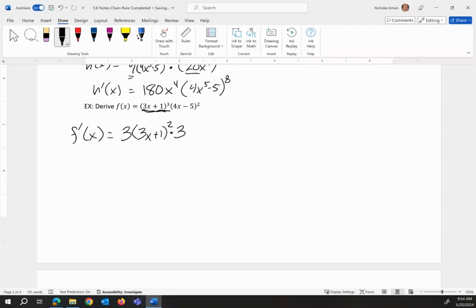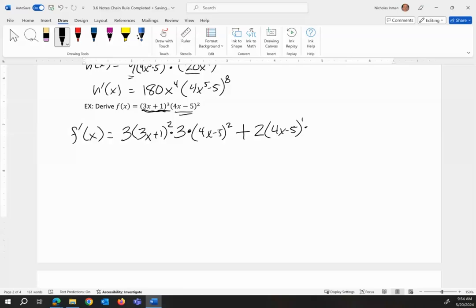All right, so product rule says derivative of the first thing times the second thing left alone plus the derivative of the second thing. So 2 moves to the front, and we reduce by 1, so to the first power, times the derivative of the inside stuff, the chain rule.